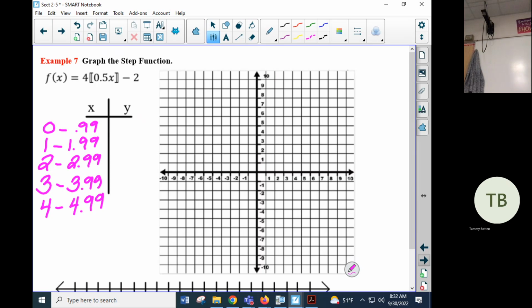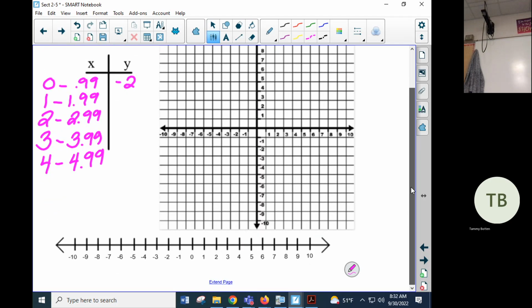Now, if I put 0 in there, 0 times anything is 0. 0 times 4 is 0. 0 minus 2 is -2. If I put 1 in there, 0.5 times 1 is 0.5. So now think about that. What is the greatest integer less than 0.5?